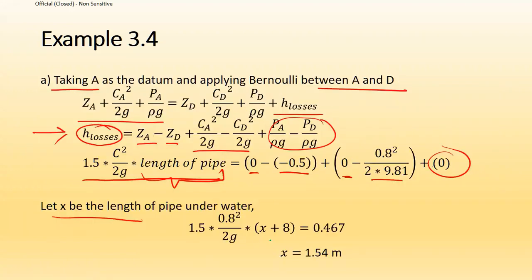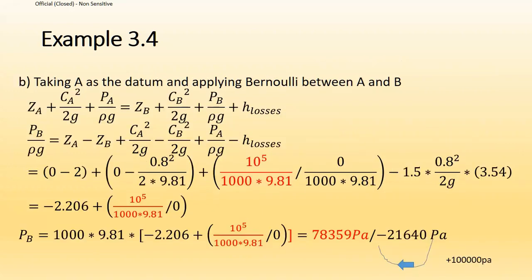So X plus 8 in total. The right hand side will be 0.467 and we can get the X value. Remember, the selection of the Bernoulli application points is important.